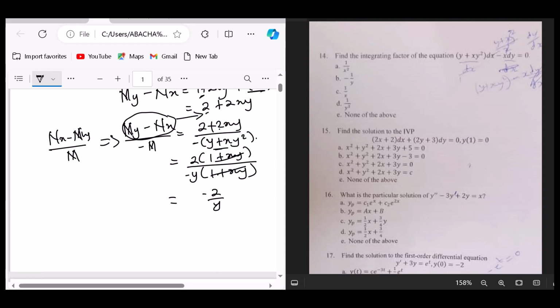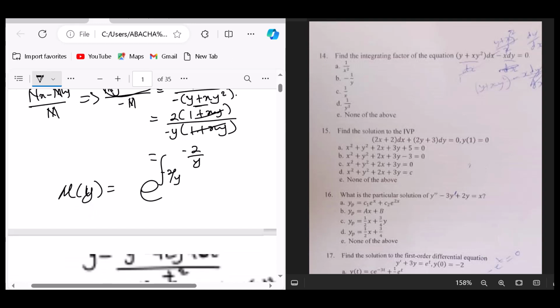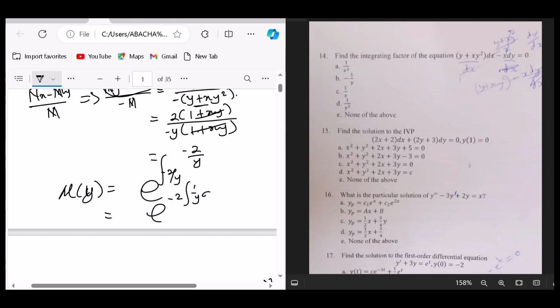To find the integrating factor, which depends on y only, it is e to the power of the integral of this. Integrating, we get e to the power of negative 2 times the integral of 1 over y dy, so e to the power of negative 2 ln y.